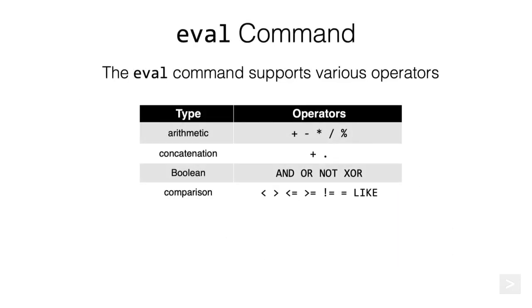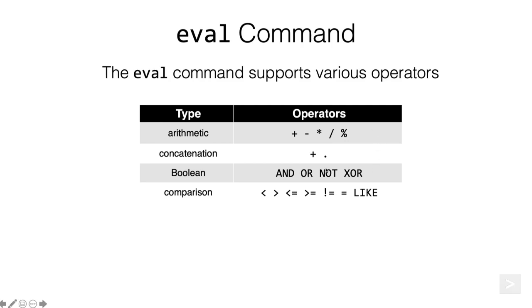Now, the eval command supports various operators that can be used in the expressions, ranging from arithmetic operators and comparison operators to concatenation operators. There are two types of concatenation operators, as we see here: the plus operator and the period operator. The plus operator accepts two numbers for addition or two strings for concatenation.